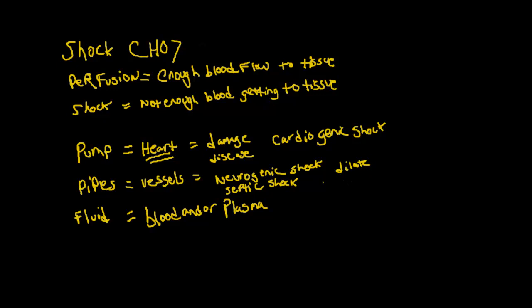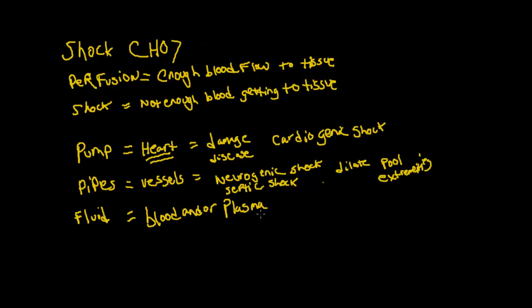They no longer function properly, so they can't constrict and they end up dilating. When they dilate too much, all the blood will pool in the lower extremities. Sorry, I know that's hard to read. The blood will pool in the lower body, and not enough will return to the heart.